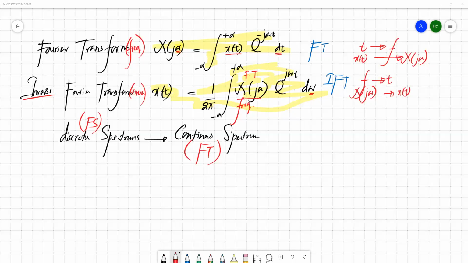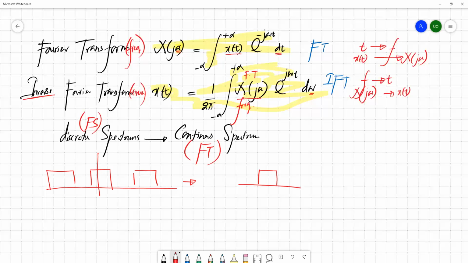Again, the next thing is, we know that this is a kind of periodic signal. Once we let this T go to infinity, we basically get this pulse. Assume that this is x tilde t and this is x t.